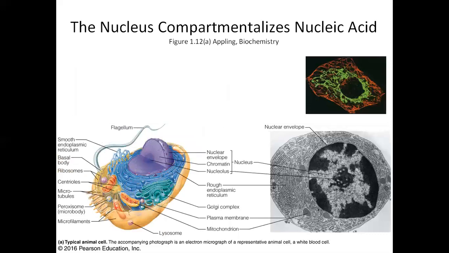The next organelle I want to highlight is the nucleus, which is arguably the most important organelle of the cell. I have a small image of an entire cell which has been stained and examined by a fluorescence microscope.